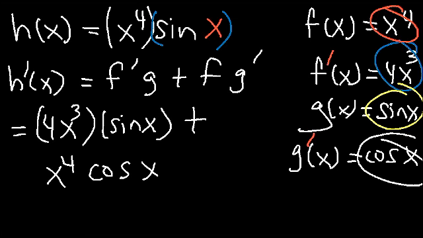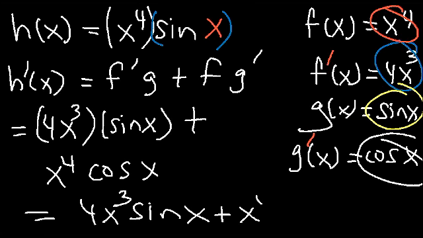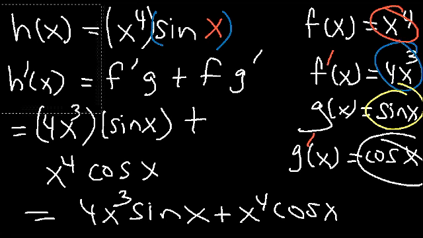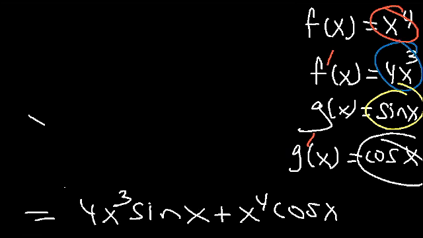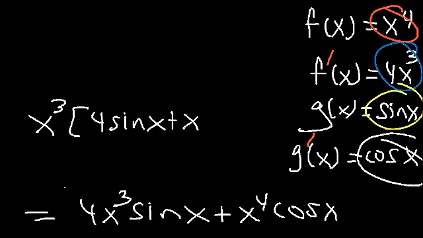So you can do it that way too. So our final answer is 4x cubed sine x plus x to the fourth cosine x. If you want to, you can factor out the GCF. If you factor out x to the third, you can also write the answer like this. It's going to be x cubed times 4 sine x plus x cosine x.